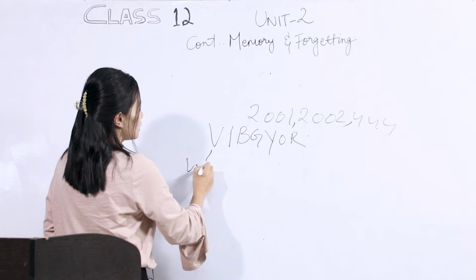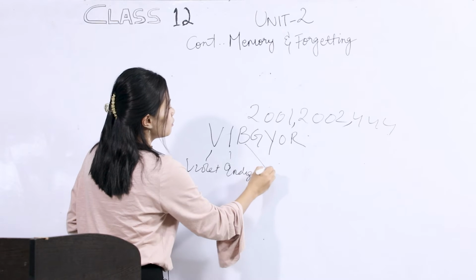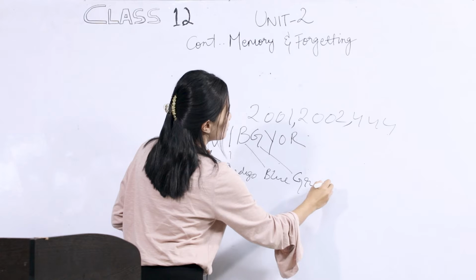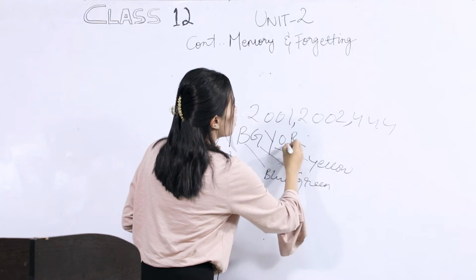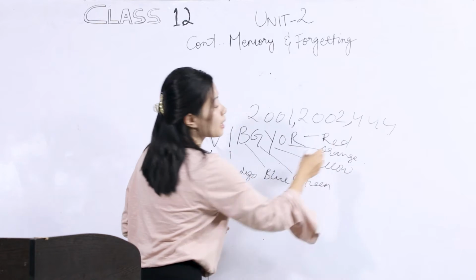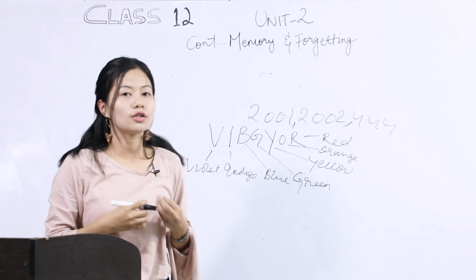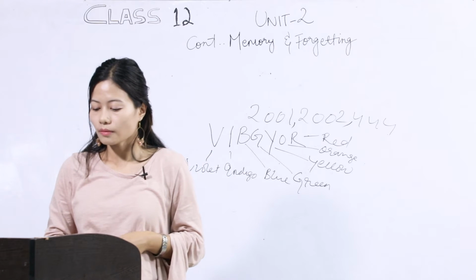V stands for violet, I for indigo, B for blue, G for green, Y for yellow, O for orange, and R for red. In this manner, we can make this technique useful in order to retain the information.